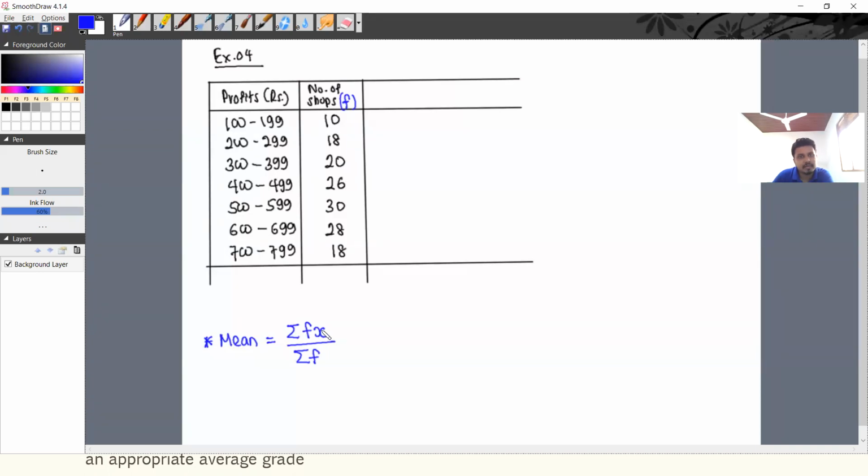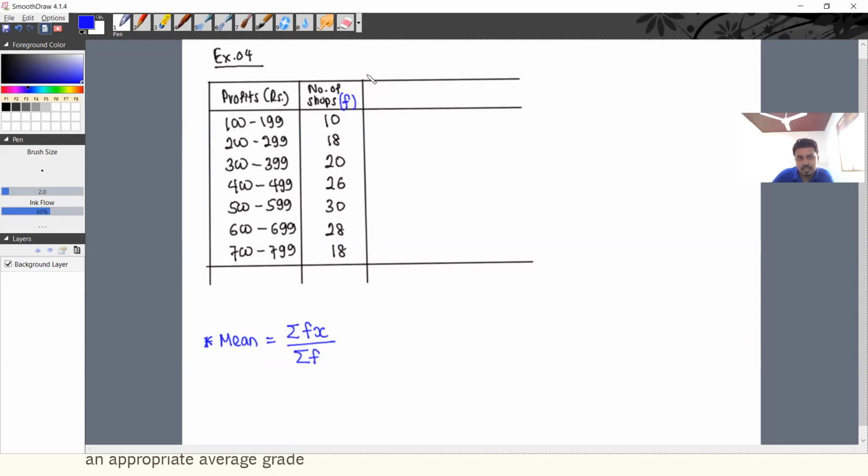What do we consider as x? The variable. Right? But see what happens here. Our variable is in the form of class intervals.